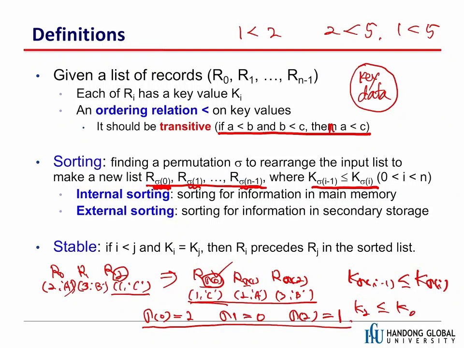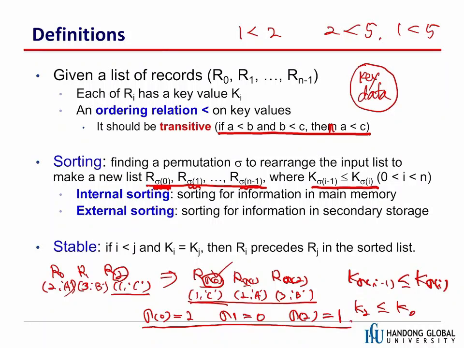External sorting sorts the elements in secondary storage, like a hard disk, because sometimes we have a really long list and the main memory is not enough to hold all the elements, so we have to use secondary storage. We are going to talk about internal sorting a lot, and at the end of this chapter, we will talk about the external sorting approach too.